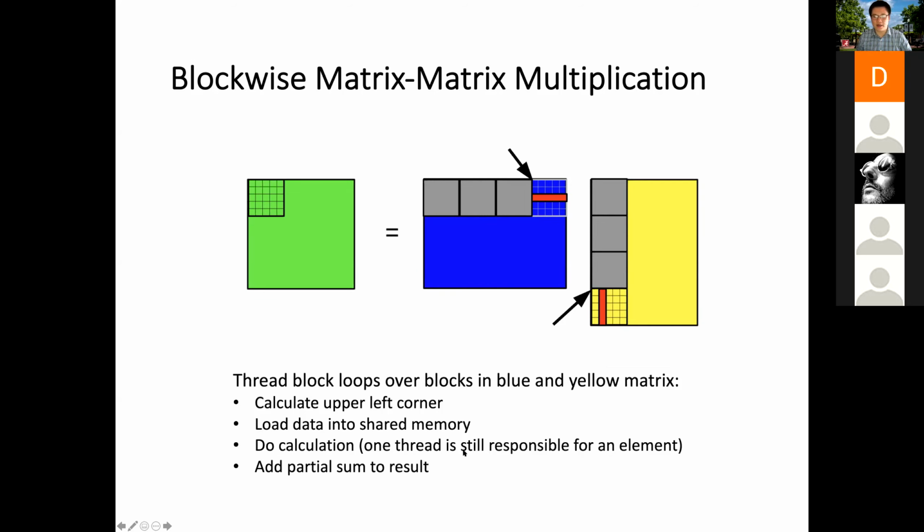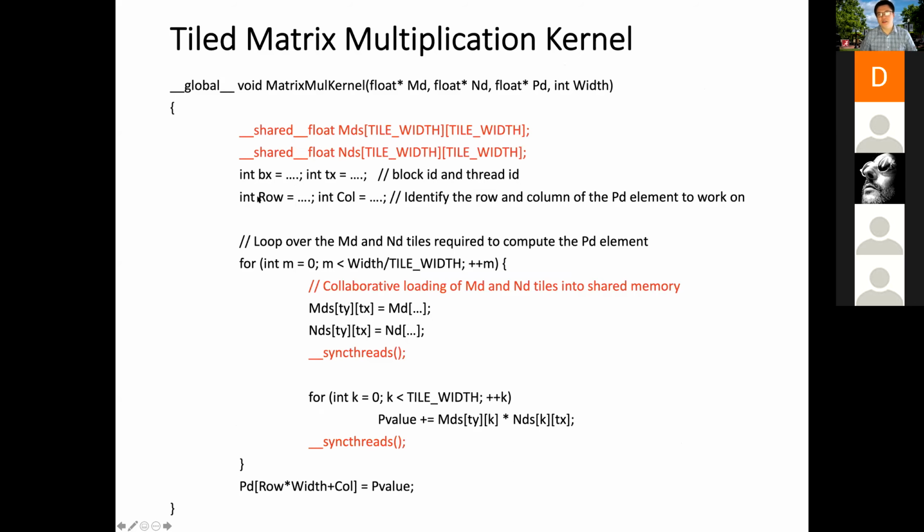One thread is still responsible for one element in one thread block, in the kernel. Then you add the partial sum to the final result and get the value of C. If we look at this kernel part, it's not difficult. We usually call it the blocked or tiled matrix multiplication kernel.